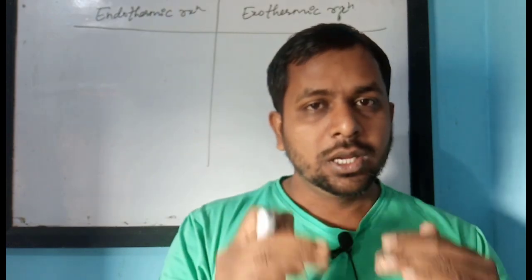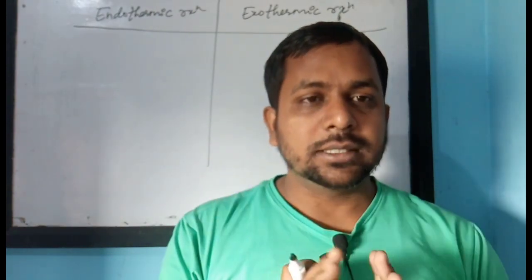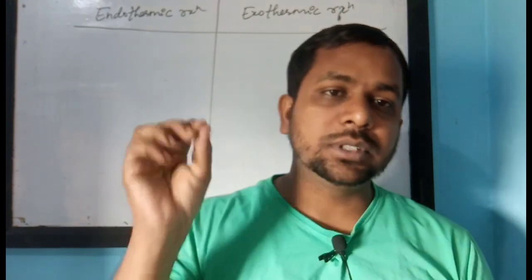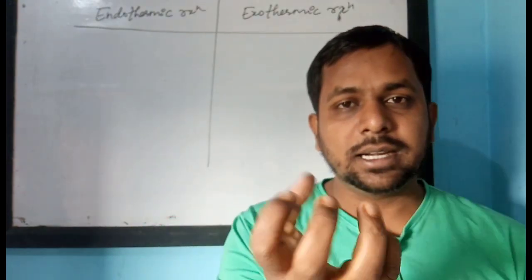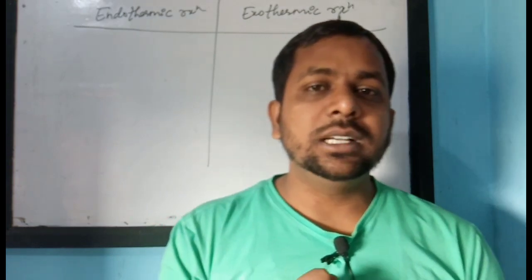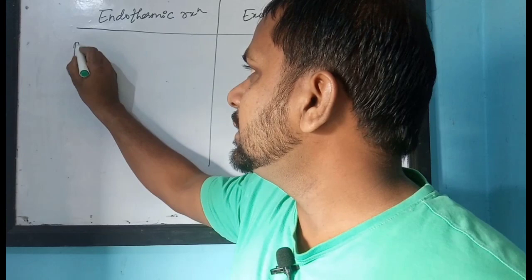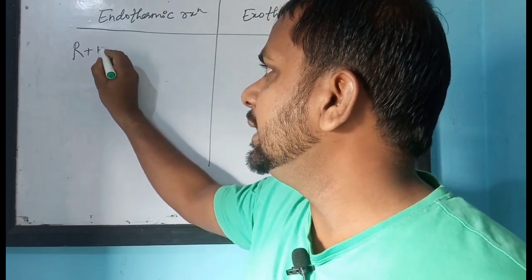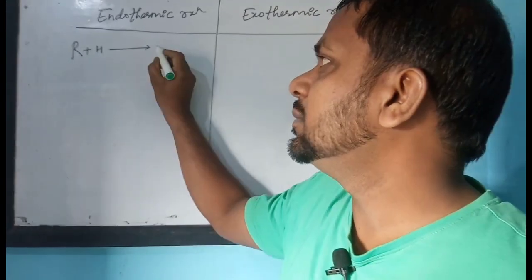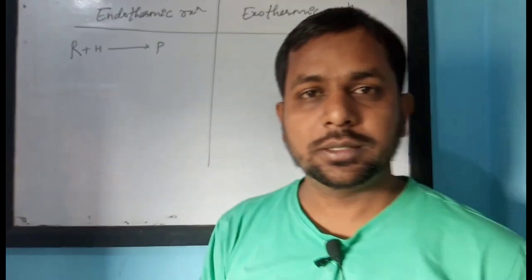It means to conduct the reaction we have to give heat to it. The reaction that requires heat is called an endothermic reaction. In the reactant we have to apply some heat, then only that reactant will change into product.